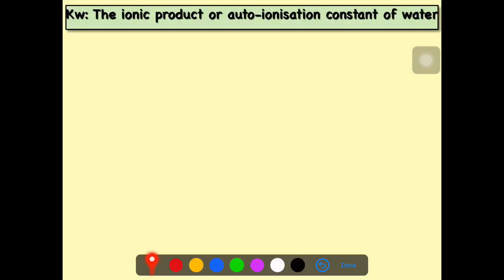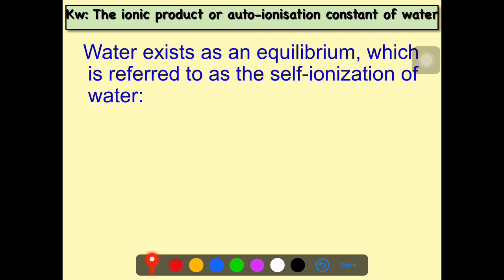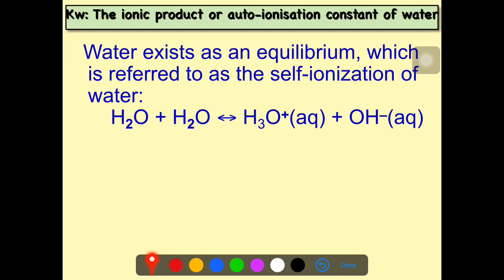Before we delve into further concepts, we need to learn about the ionic product or auto-ionization constant of water. Water undergoes self-dissociation and hence is in an equilibrium as shown by this particular equation. Water molecule reacts with another water molecule to form hydronium ion and hydroxide ion.